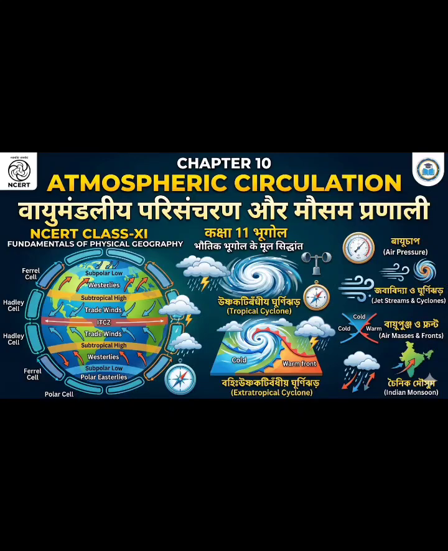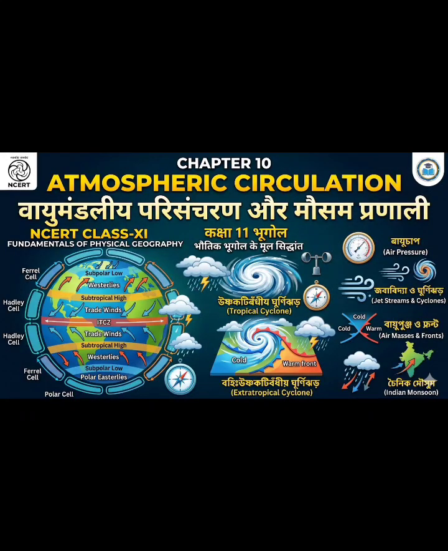Next point is pattern of wind direction in cyclones and anticyclones. In case of cyclone, pressure condition at the center is low, and in case of anticyclone, pressure condition at the center is high.